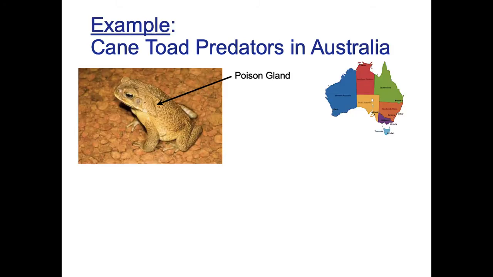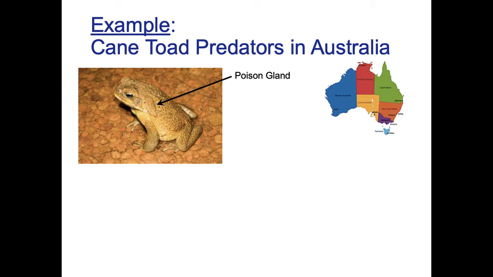So here is an example of why genetic diversity can be really helpful in the face of environmental change. This one has to do with cane toads, which are not native to Australia at all. Cane toads were introduced to protect sugar crops from the sugar worm.